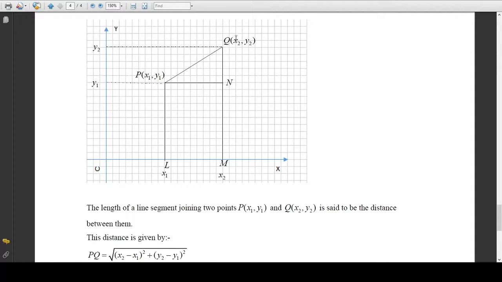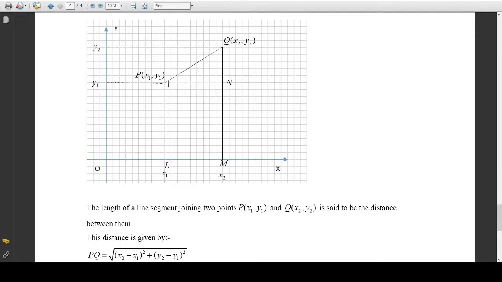That means PQ square equals QN square plus PN square. But what is QN? QN is QM minus QN. That means y2 minus y1.